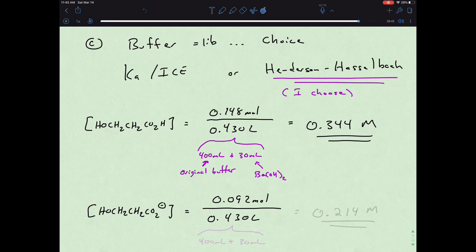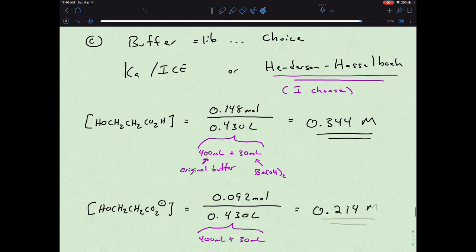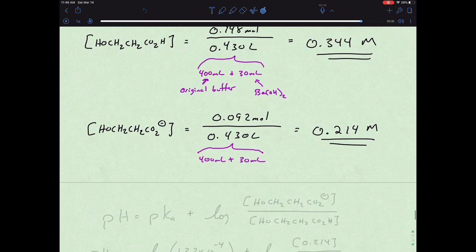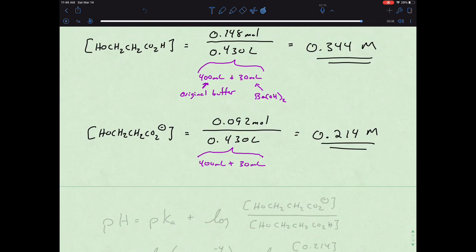So again, that new volume is coming from the 400 and the 30, like we had above. And that is going to equal 0.214 molar.